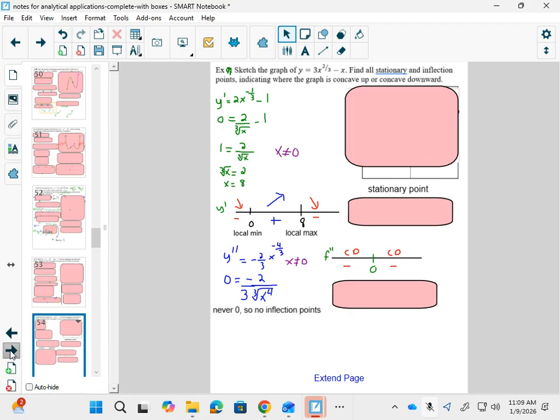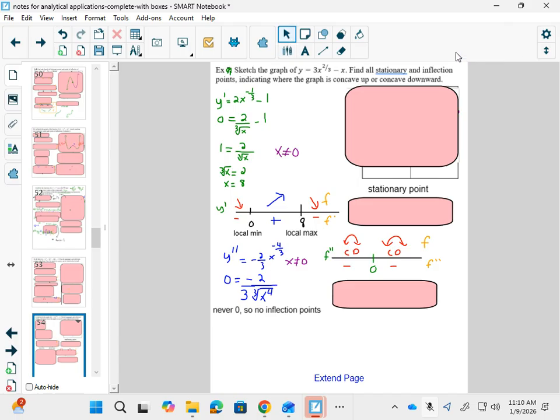But in this case, it's concave down. When you plug things into the second derivative, it's concave down both times. Again, the sign diagram tells you increasing, decreasing about f. The sign diagram from the second derivative tells you concavity of f.